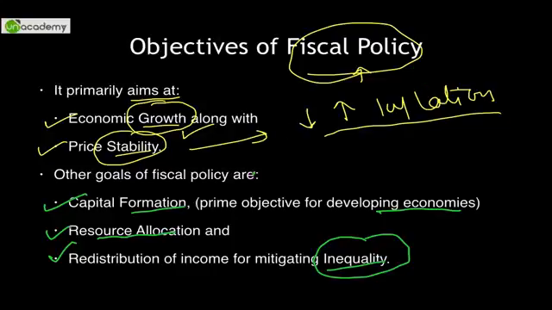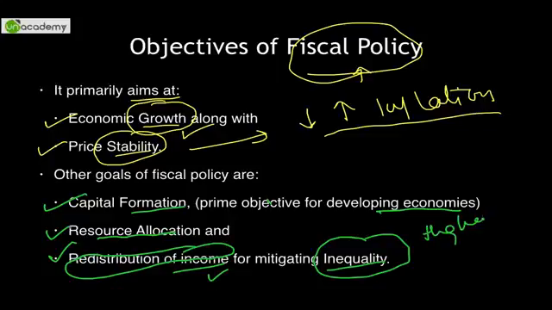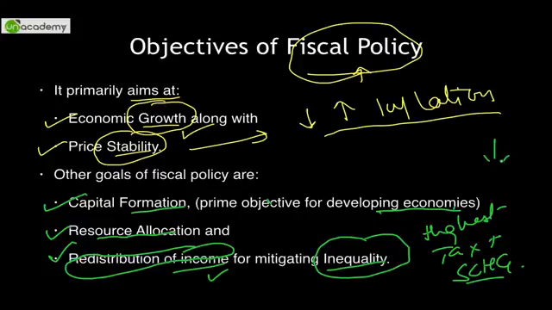Now, the taxation structure of our country is progressive, so the taxes charged are accordingly. The person who earns the least has to pay the least taxes. So, we redistribute the income. The person who earns the maximum income has to pay the highest tax, and over and above that, he has to pay something like a surcharge. This is known as redistribution of income, which reduces inequality in our country.